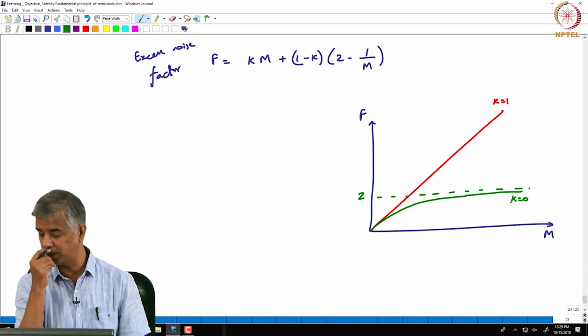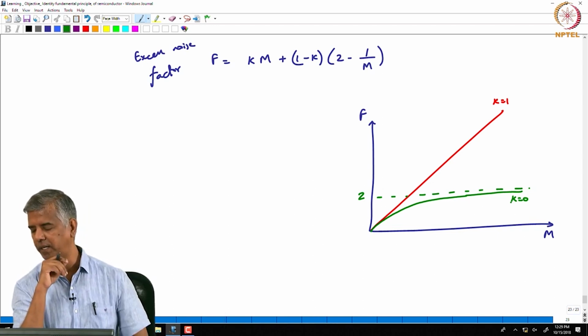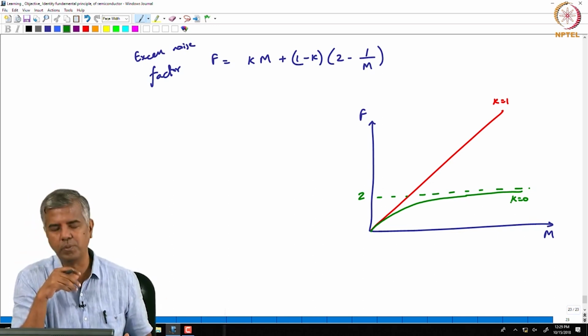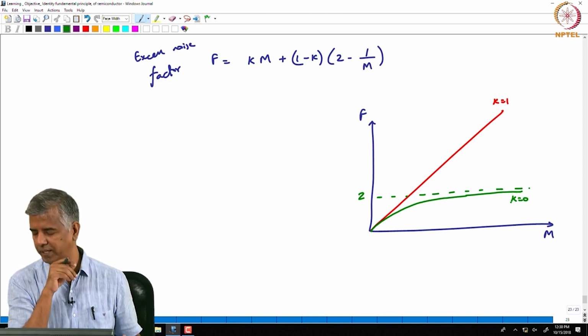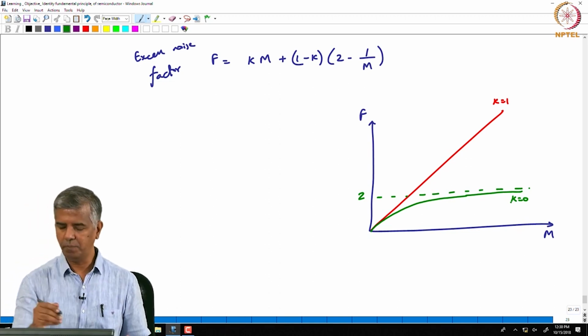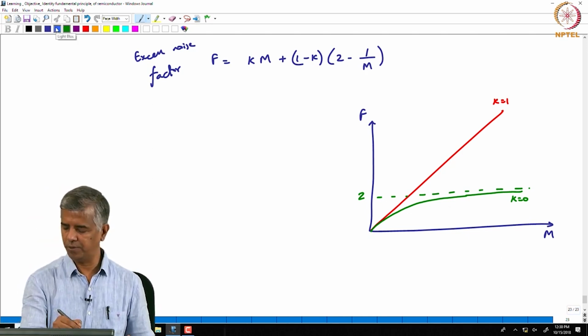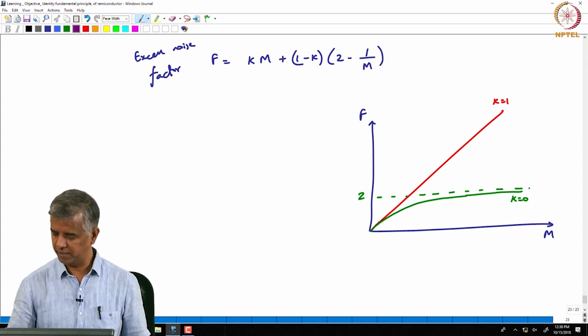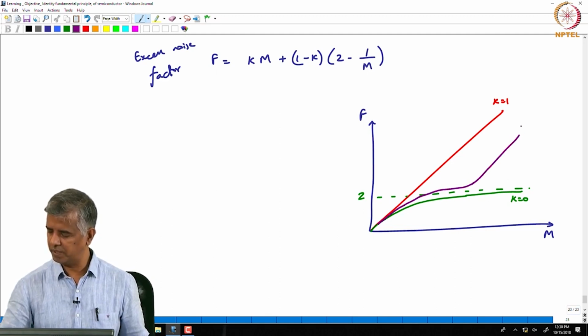The gain is not a fixed value, but you do not get any more noise because of holes kicking in. And in between, if we look at silicon, it will be something like, I am sorry, I do not think I am following the same colors as the other graph, but for silicon it will be something like this.